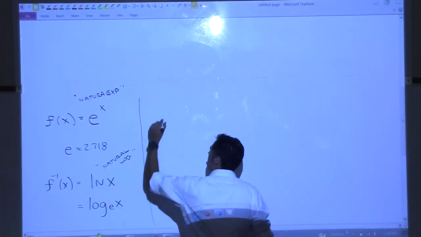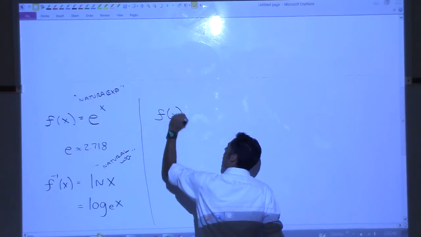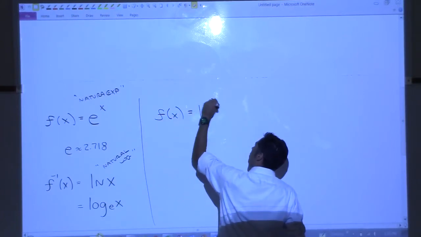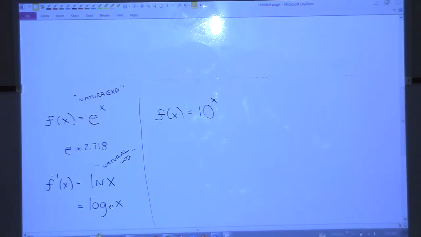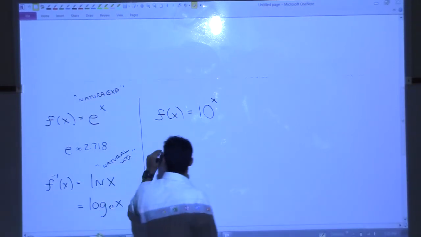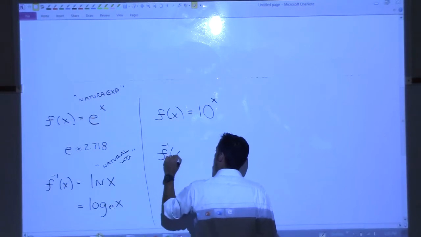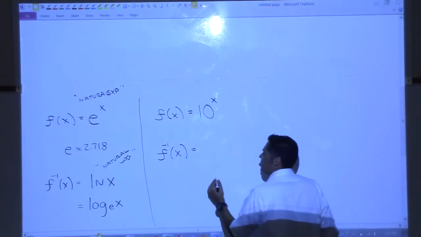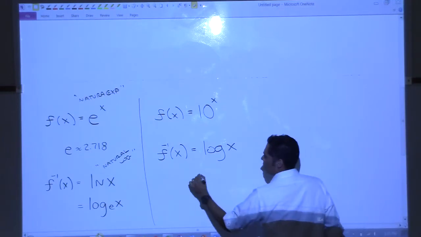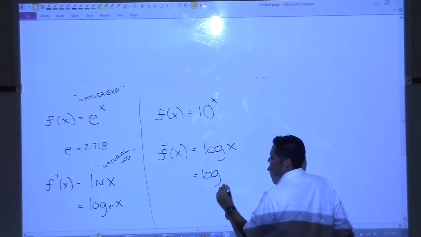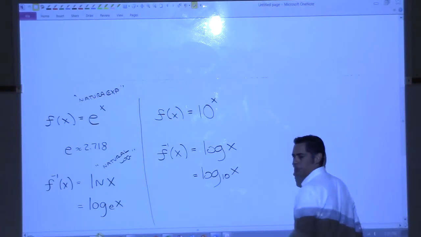Now, I want you to consider another function. f of x equals 10 to the x. Is that exponential growth or decay? That's growth, right? What would the inverse of this function be? The log function, log of x. But again, technically, this is really log base what? 10, right?